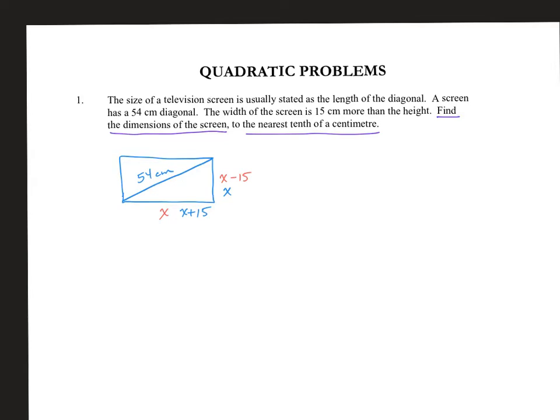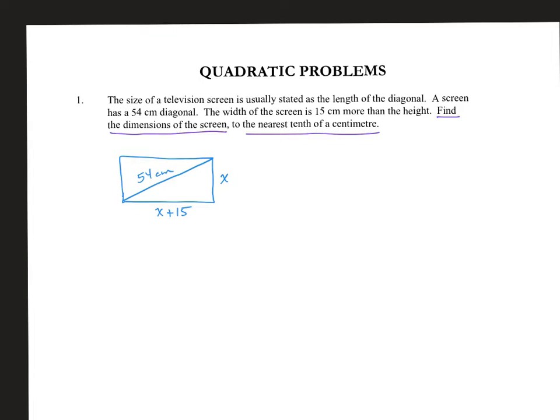We would just be solving for two different things. I think the common approach, if I had to make an assumption based on history, is that a lot more people would choose to label the height as x or h, and then the width being 15 greater and building onto that.